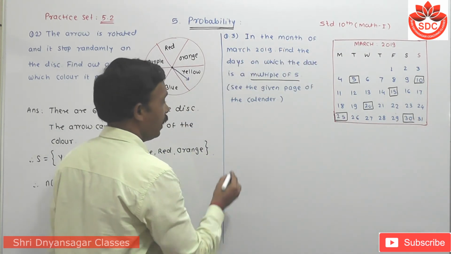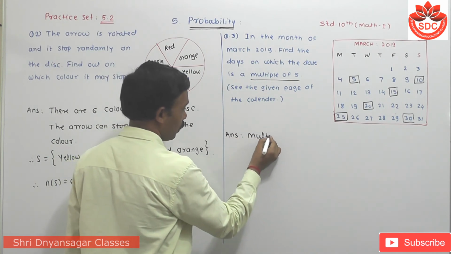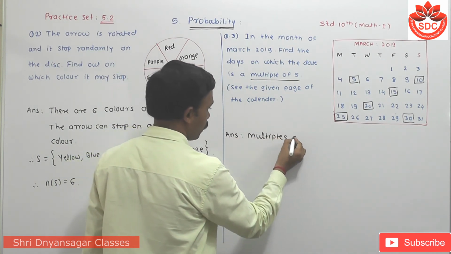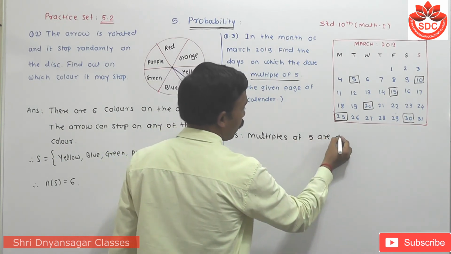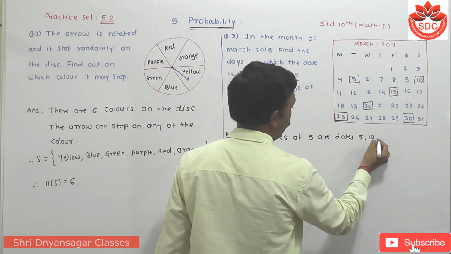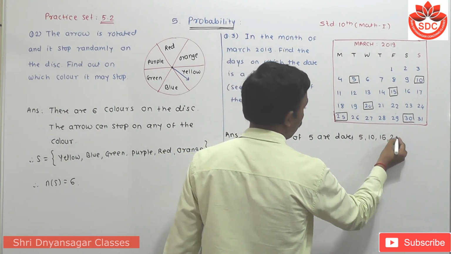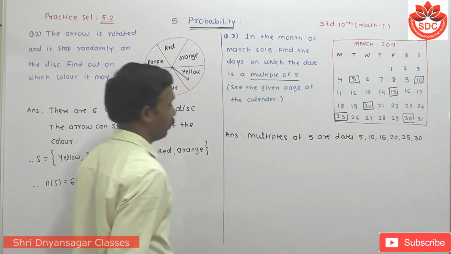So I write the answer: multiples of 5 are 5, 10, 15, 20, 25 and the last one is 30.